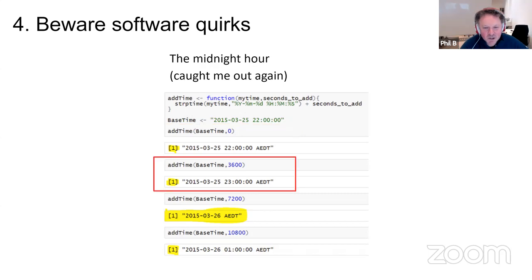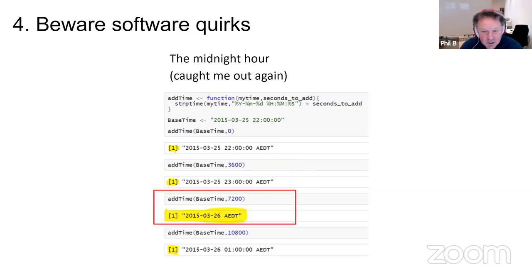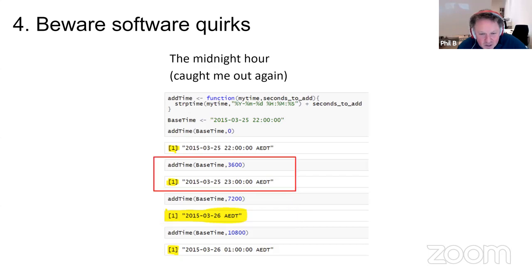I'm going to add 1 hour to it, which is 3,600 seconds, and I get 11 p.m. And then I'm going to add 2 hours to it, which is 7,200 seconds, and I get 26th of March 2015. Now can you see the difference between that row and that row?